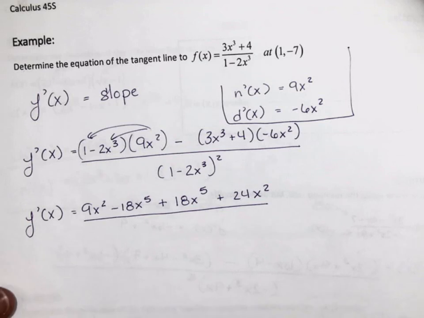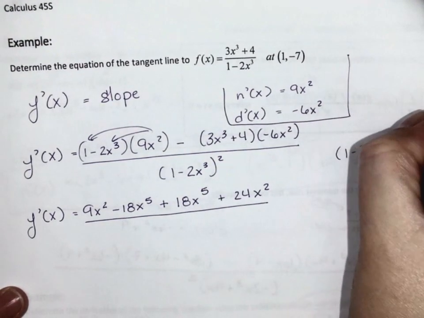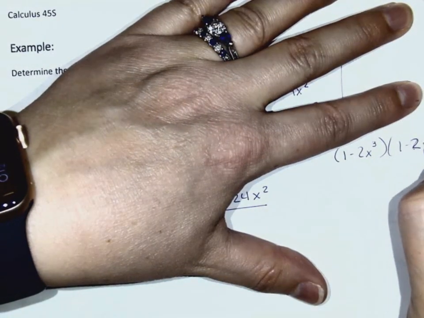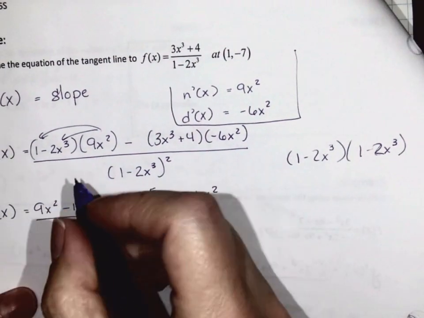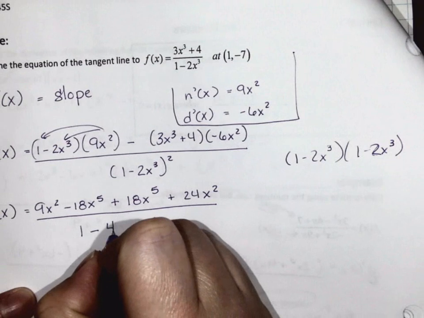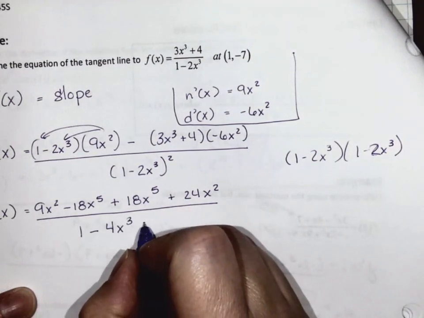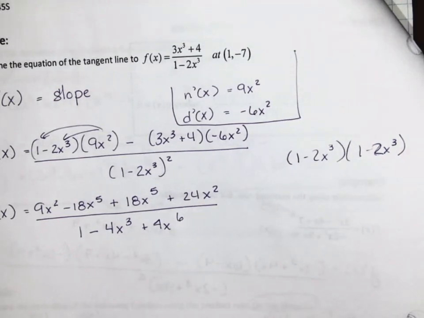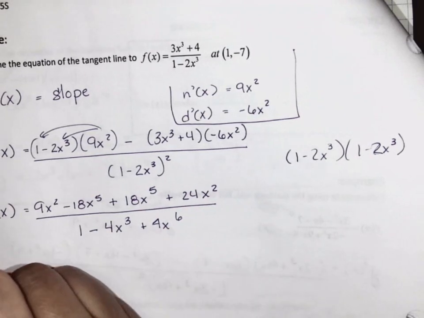You can't just square it. So this is going to be 1 minus 2x cubed times 1 minus 2x cubed. If I do that, I'm going to have 1 minus 4x to the exponent 3 plus 4x to the exponent 6. I think that should work.